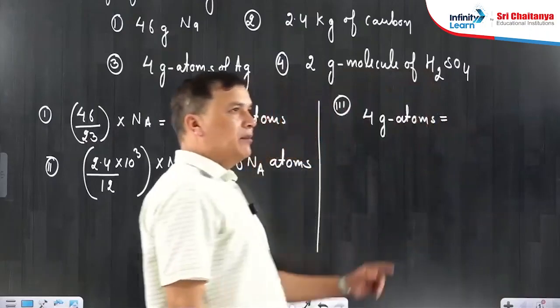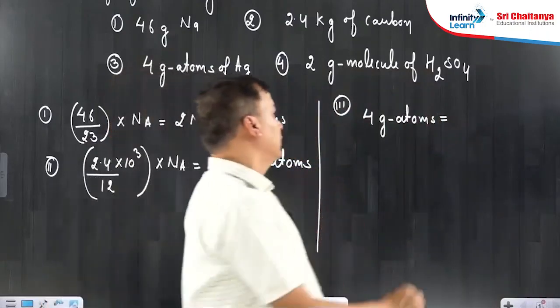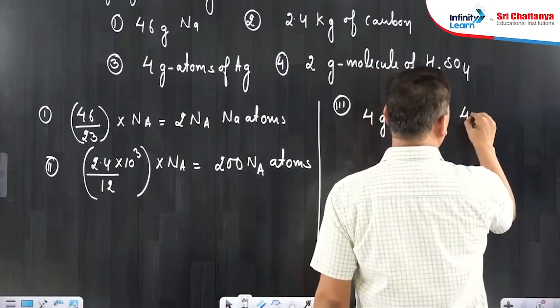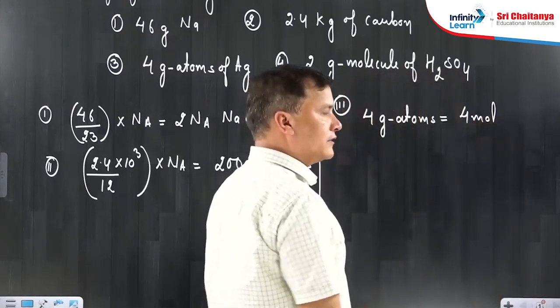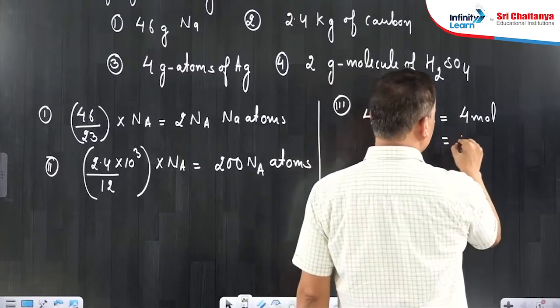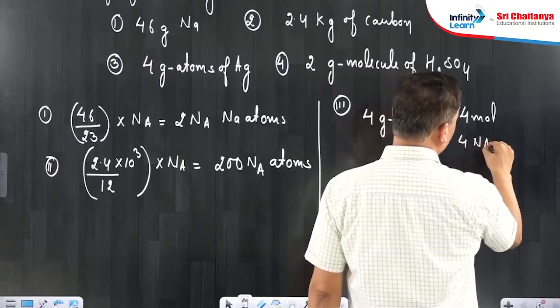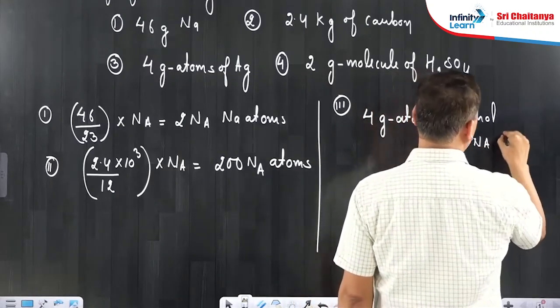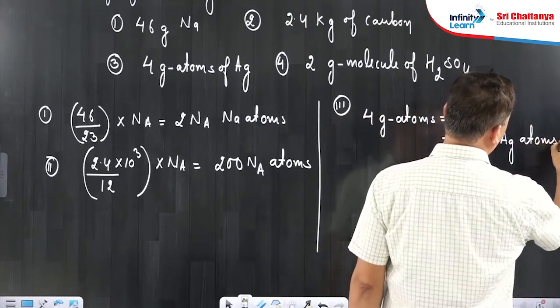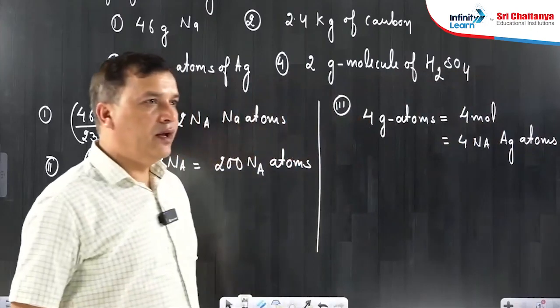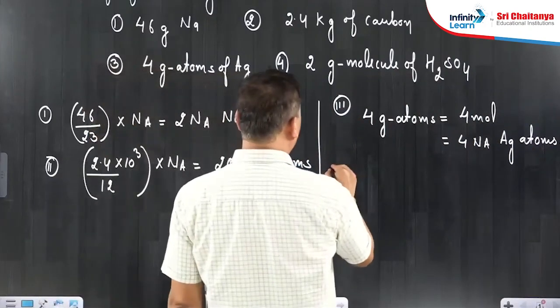Gram atom means mole. So these are 4 mole. So 4 mole means how many atoms are there? There are 4 into Na atoms.